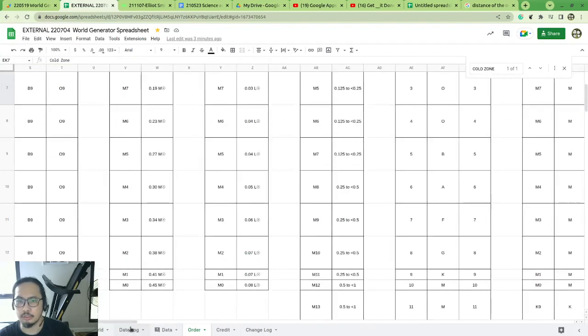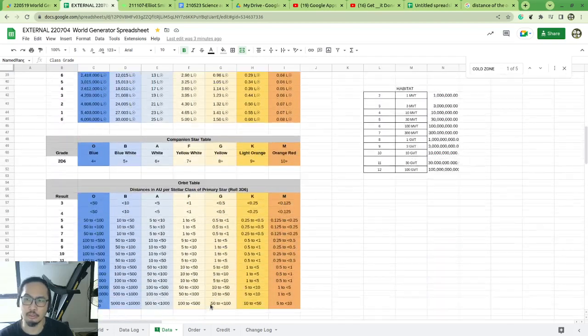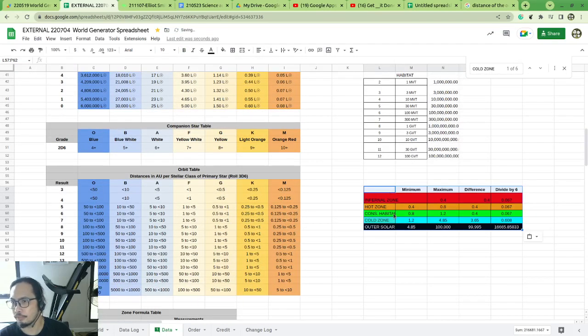Let's see data. Yeah, almost similar. Notice it's a similar difference. It's because it's exponential, so it almost looks linear.